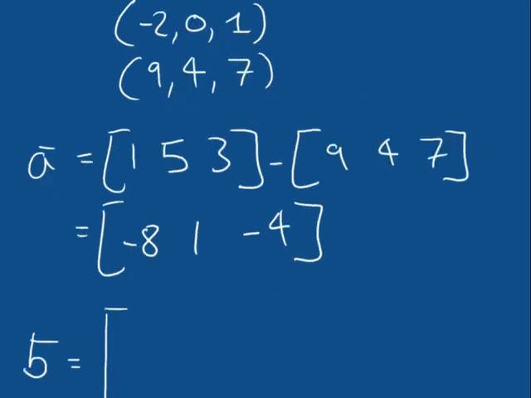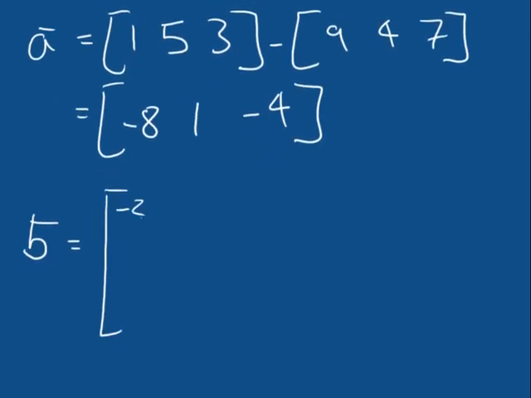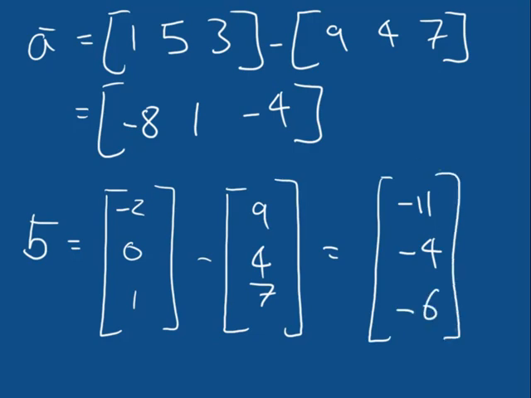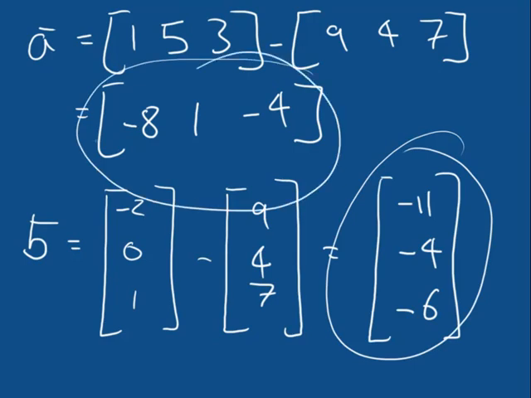So minus 2, 0, 1, minus our third point, which is 9, 4, 7, and that is equal to minus 2 minus 9 is minus 11, 0 minus 4 is minus 4, and 1 minus 7 is minus 6. So we have our two vectors. We have our vector B and our vector A there.